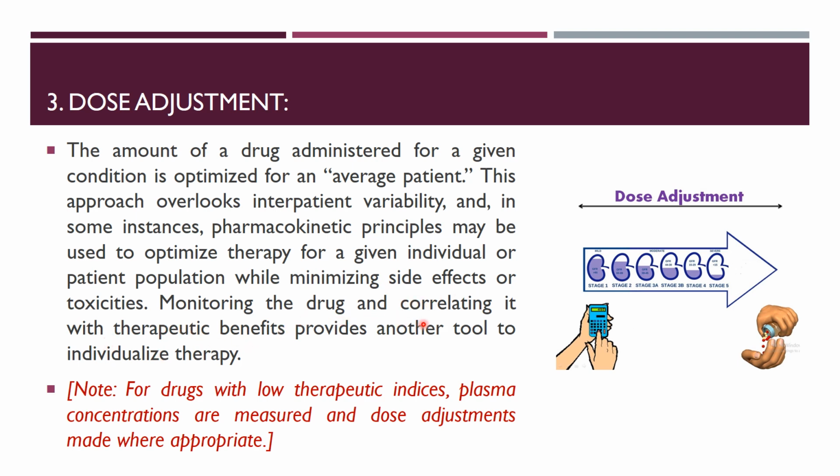Monitoring the drug and correlating it with therapeutic benefits provides another tool to individualize therapy. Note that for drugs with low therapeutic indices, plasma concentrations are measured and dose adjustments made where appropriate.